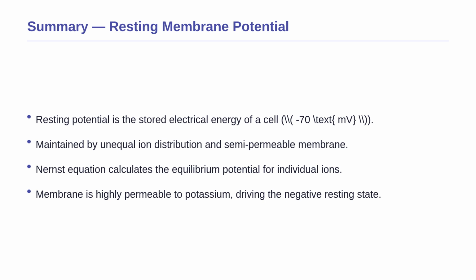Third, we can use the Nernst equation to calculate the exact electrical force generated by any ion's concentration gradient. Finally, because the membrane is highly permeable to potassium, potassium's outward movement is the primary driver of the cell's negative resting state. You now understand the fundamental electrical foundation of human physiology.